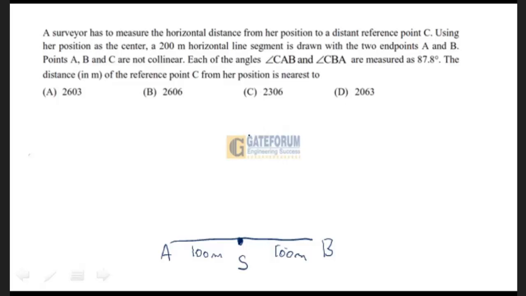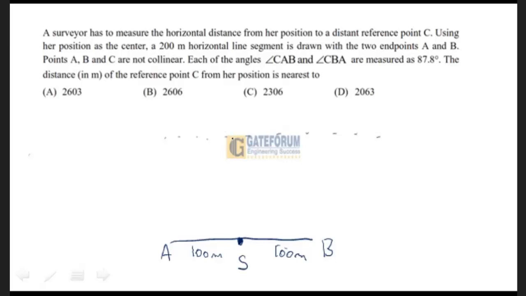Now points A, B, C are not collinear. C can be anywhere on these points. Each of the angles CAB and CBA are measured as 87.8 degrees. So primarily they are equal.